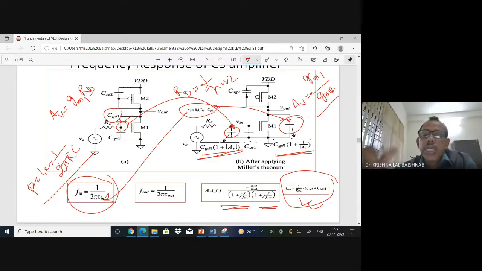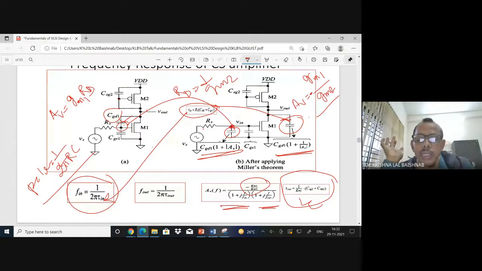So in this circuit your AB is GM1 by GM2, and that is the gain they have written. Then you have two poles, with their own expressions. So now this circuit has two poles. You understood.